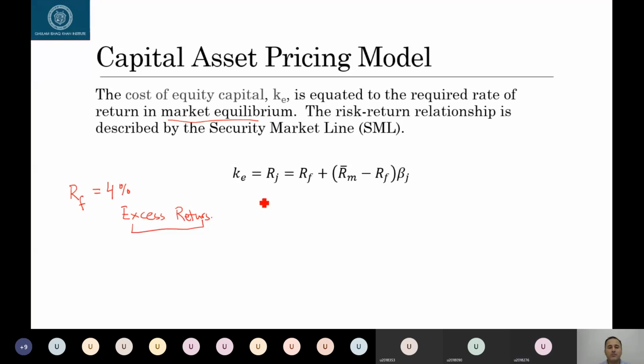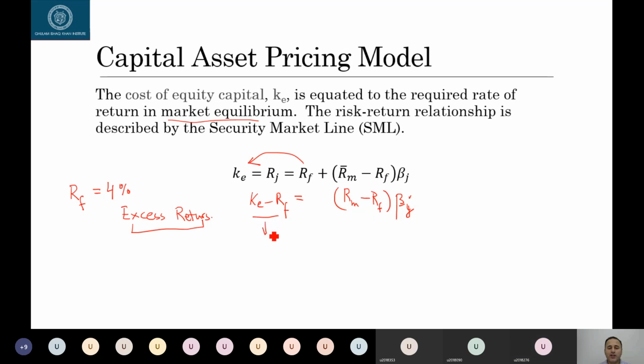Okay, so capital asset pricing model. So if you see here, if I transfer this RF here, so KE minus RF equals the market return minus RF, into beta. So this beta is the sensitivity of the individual stock price with the market.